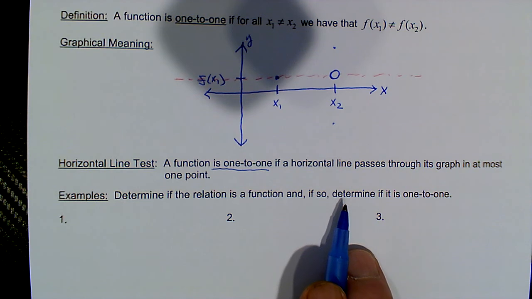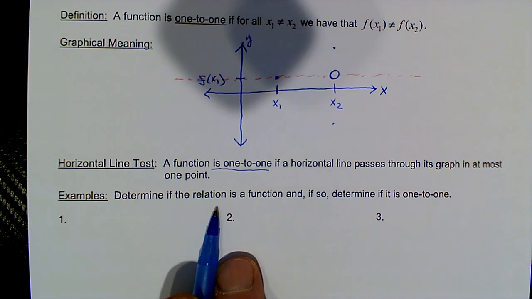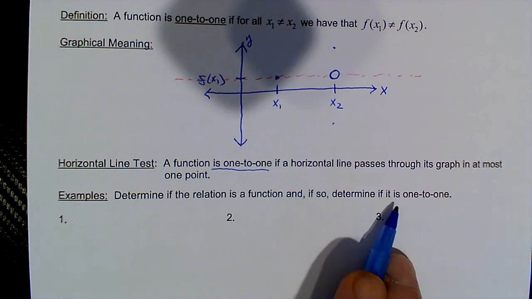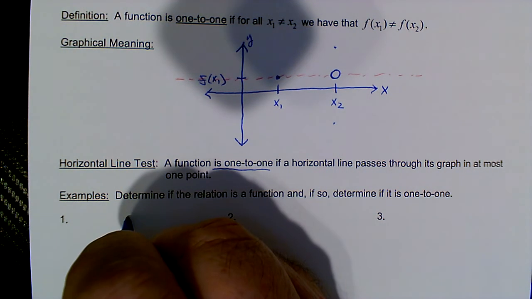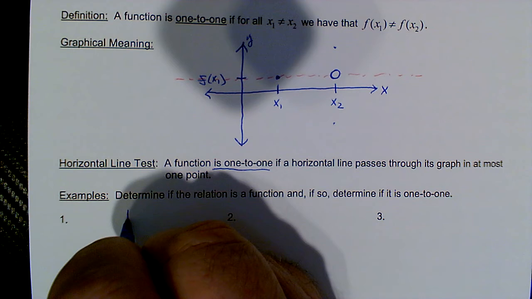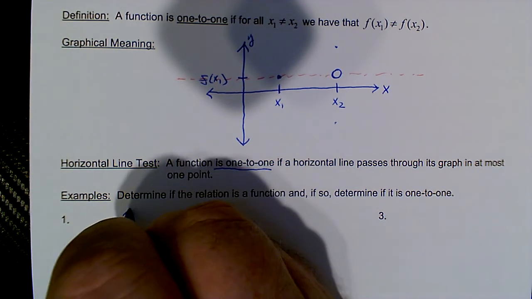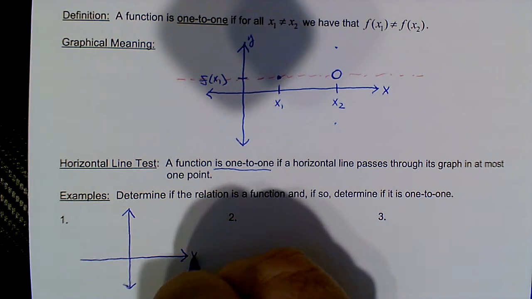Okay, and so let's look at an example. It says to determine if the relation is a function, and if it is, determine if it's 1 to 1. Okay, we're not going to talk about the circle, but let's talk about the parabola that is concave upward.